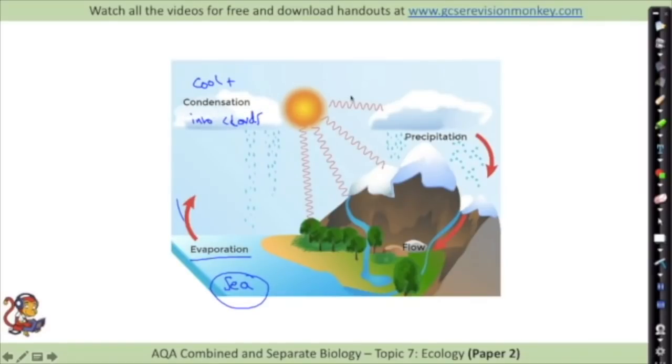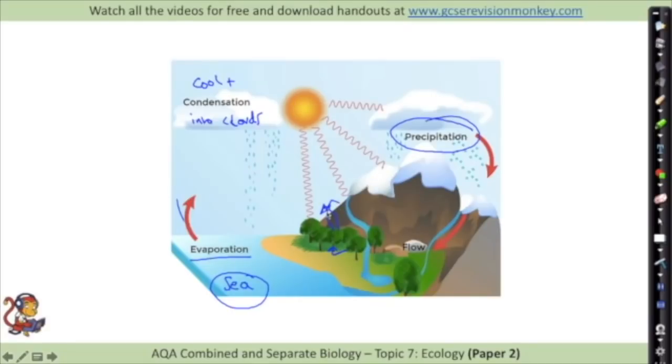As those clouds move around, at some point they will then turn into rainfall, and this is called precipitation, and that rain will fall back down onto the earth. At this point it might flow, for example, into rivers, straight back into the sea, or it might get taken up by plants, and when plants take up water, that water can then be evaporated from their leaves.